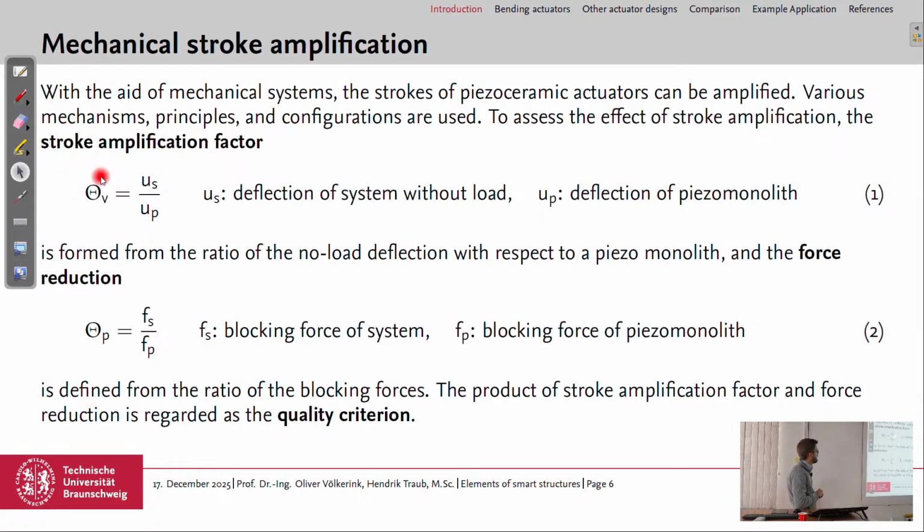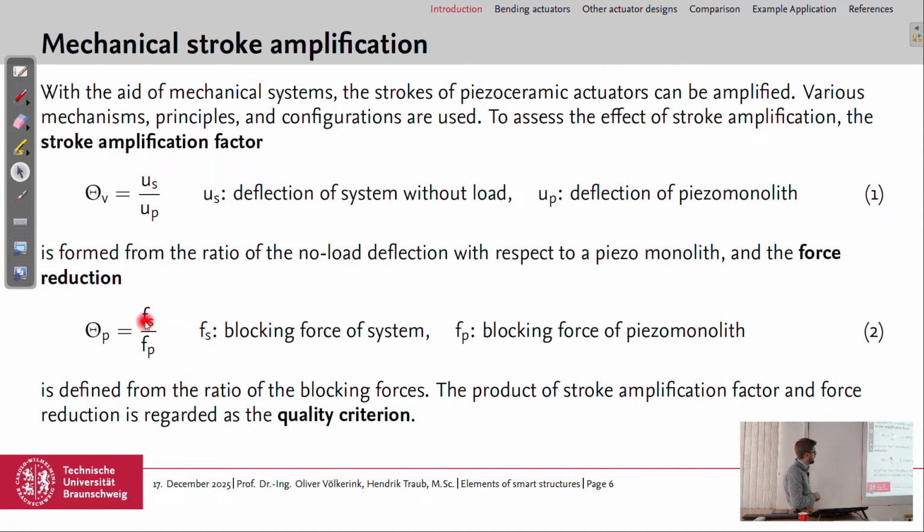The stroke amplification factor, theta V, is the deflection of the amplifying system, so of the overall system without load, over the deflection of the piezo monolith. So we compare the stroke of the system with just the stroke of the piezo monolith. And the same is for the force reduction.